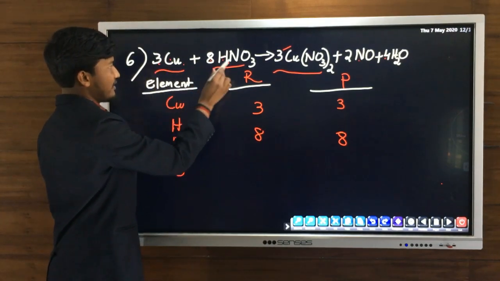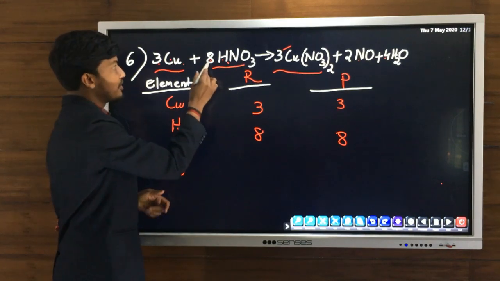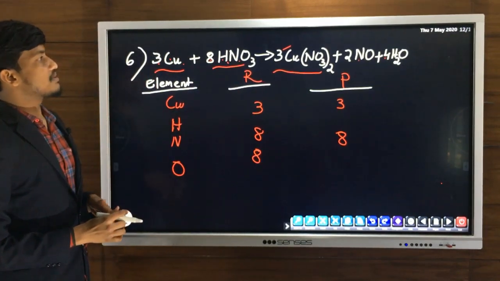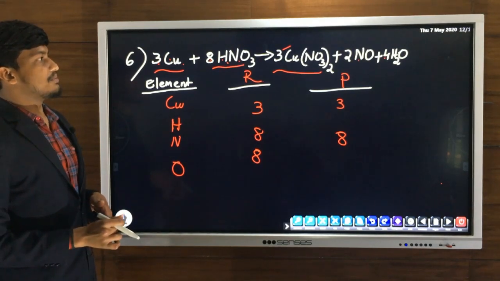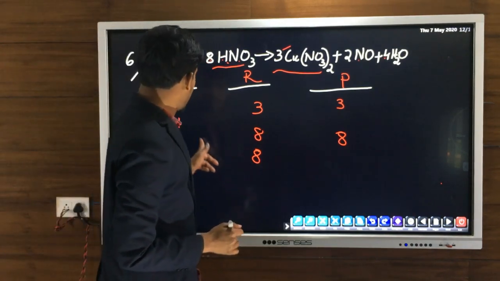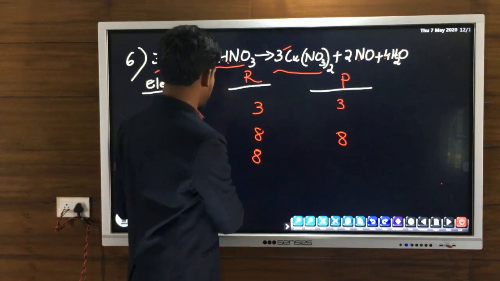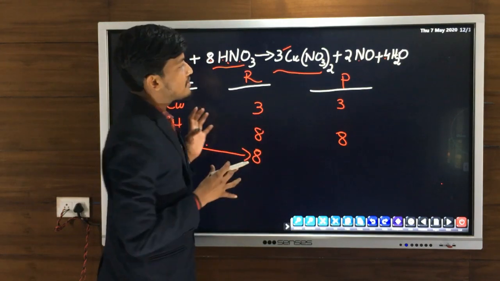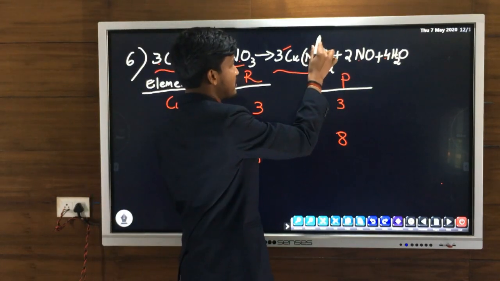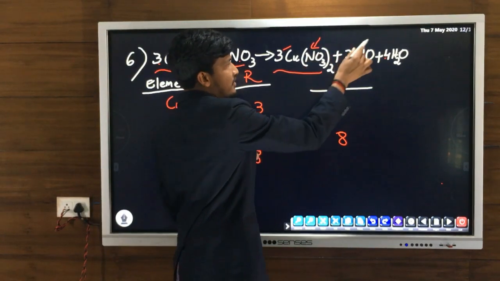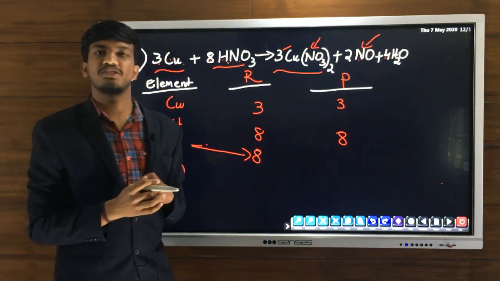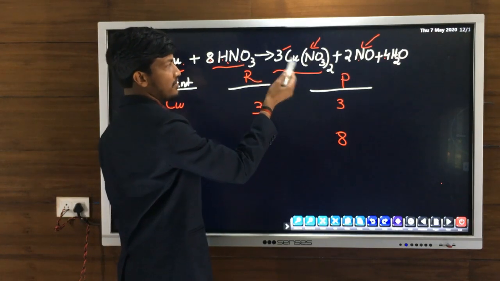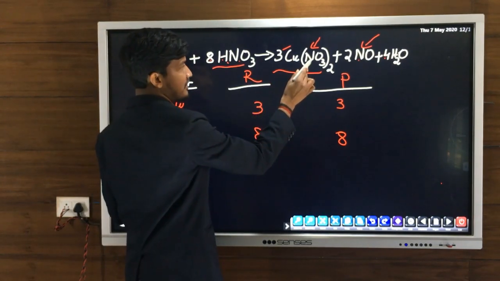Now, next atom, nitrogen. No nitrogen in the first reactant. In HNO3, there is nitrogen. So 8 into 1, 8 nitrogen atoms. Now, the number of nitrogen atoms on the right side. Check the equation carefully: nitrogen is present in the first product and also in the second product. So we have to take nitrogen from both the products. From CuNO3 twice, how many nitrogen atoms?